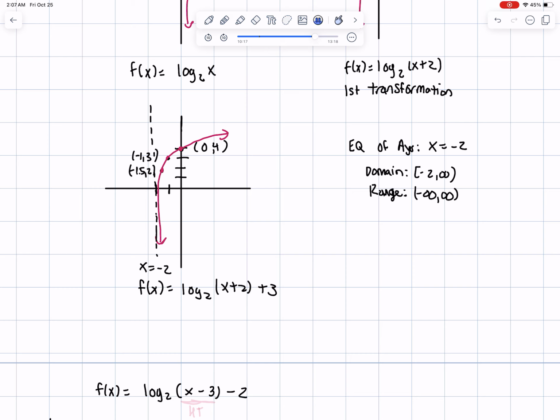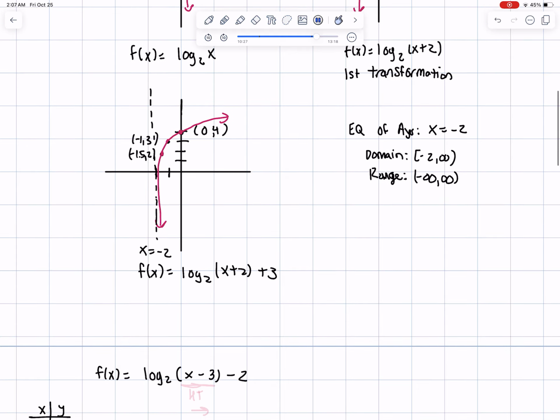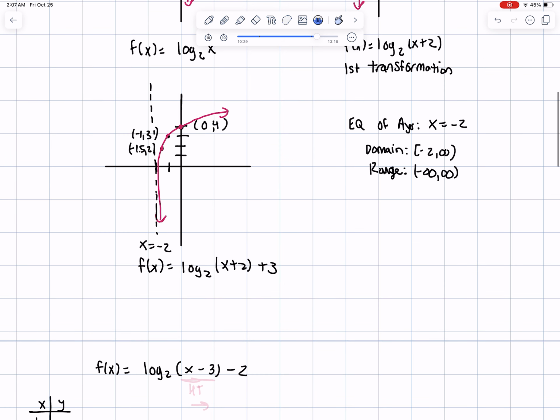Okay, so I'll try this one. So pause the video at this point and then come back and see if you can get the answer. So this next part, I'm just going to write down each step and then talk through it.